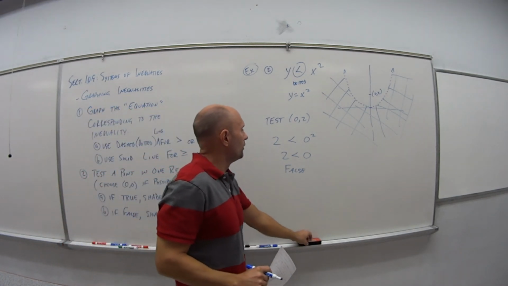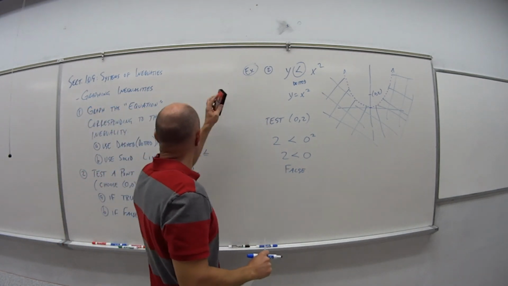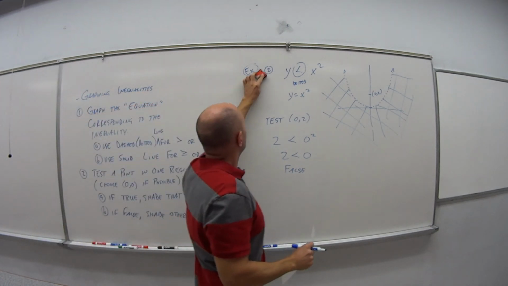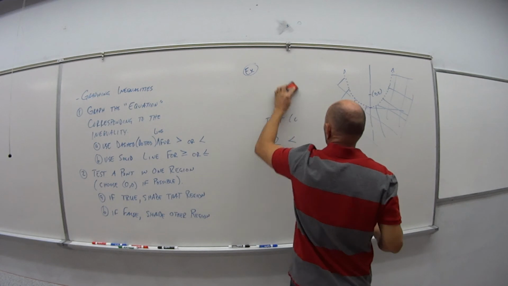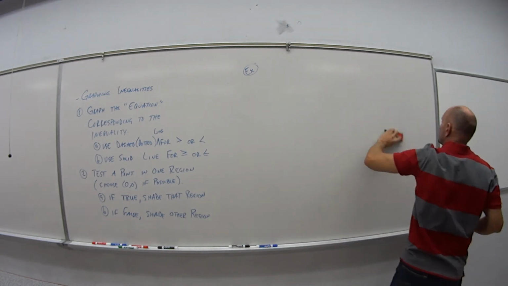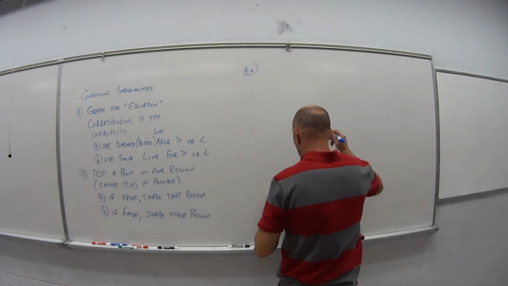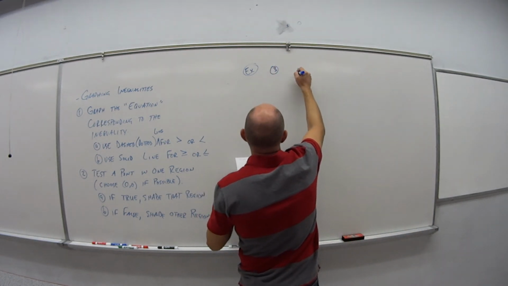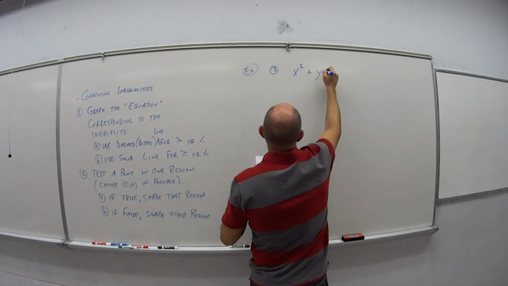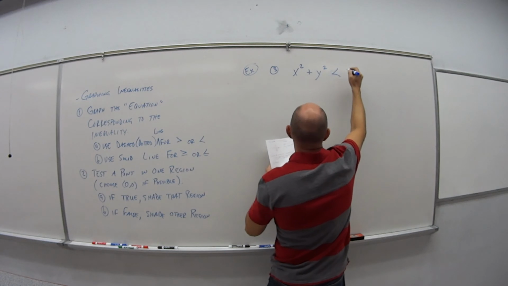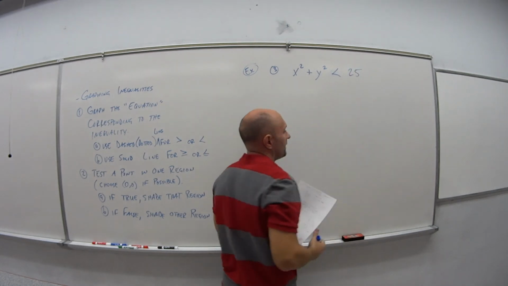Let's try one more. Again, I'll erase this. Then we have the writing there so we can go back and check what we're doing. So our third example is I want to graph x squared plus y squared is less than 25.